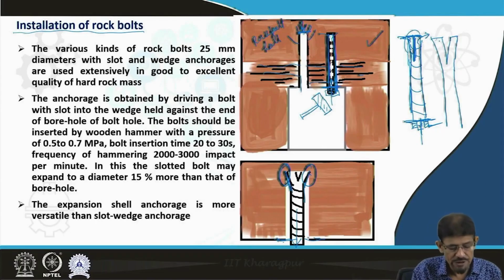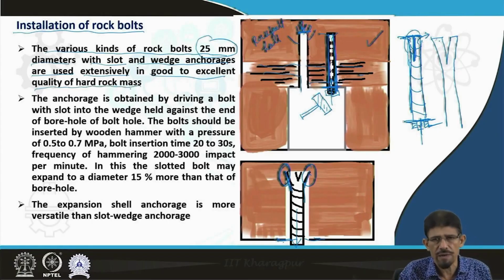We will discuss the various specifications. We can learn here about the various kinds of rock bolts having 25 mm diameter with a slot and wedge anchored arrangement, which are used extensively in good to excellent quality hard rock mass.